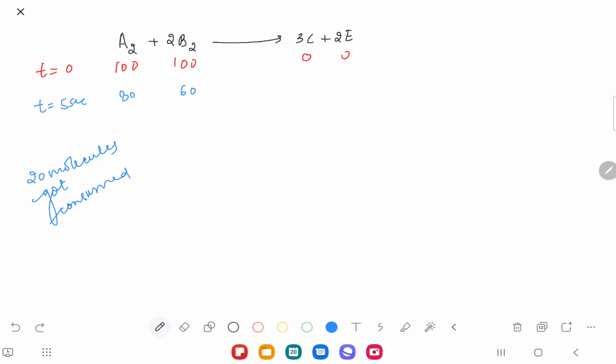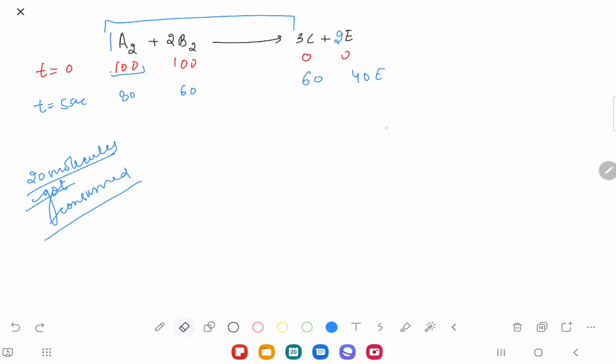And with every one molecule of A, 3 are getting produced, so 60 are getting produced because 20 get consumed. And for every one molecule of A consumed, 2 molecules of E are produced, so we have 40 molecules of E produced.